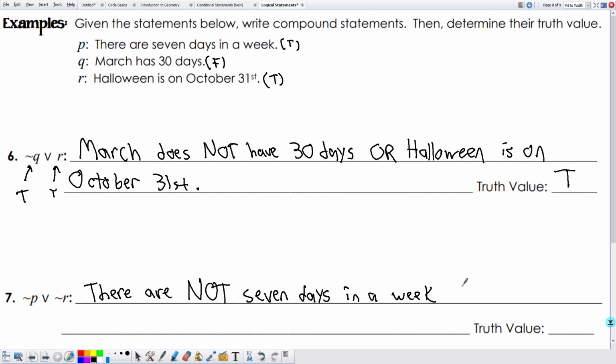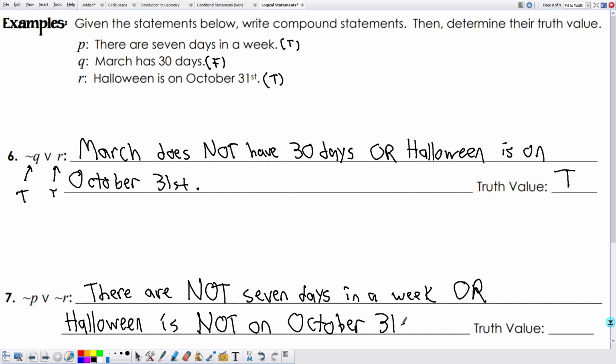The down arrow says disjunction, which means use the word or, not R, which is Halloween, is not, let's be consistent, not on October 31st.